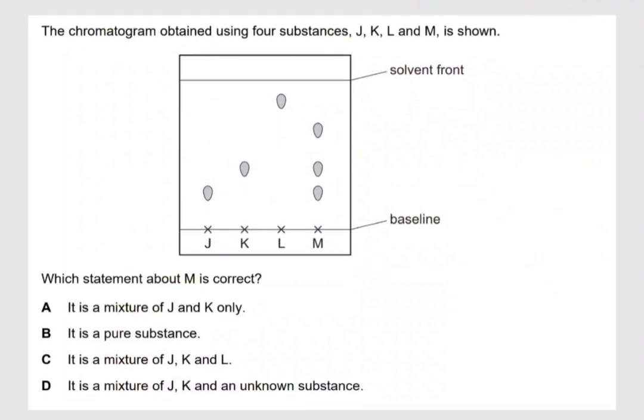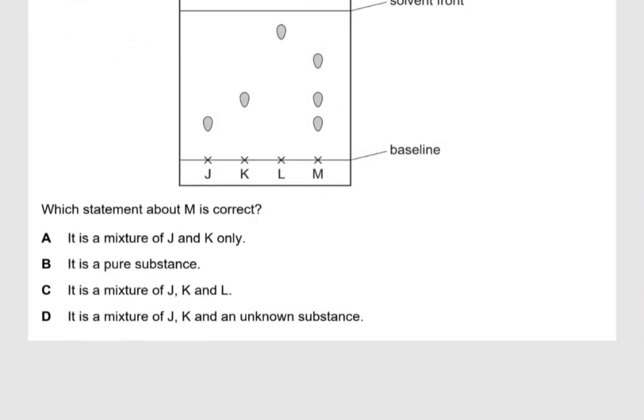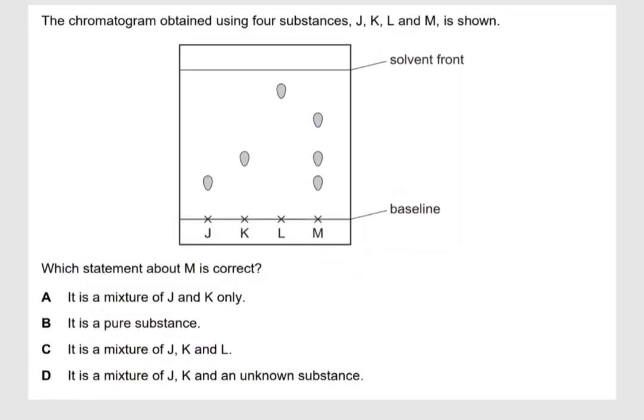The chromatogram obtained using 4 substances is shown. Which statement about M is correct? So we are talking about M. It is a mixture of J and K only. No, it cannot be because it has a third component. It is a pure substance. It cannot be because you see more than 1 spot.